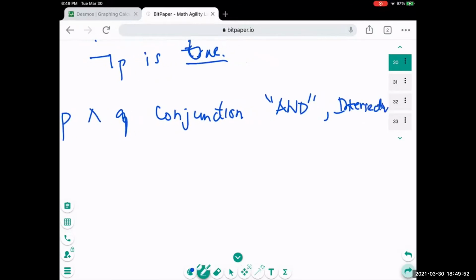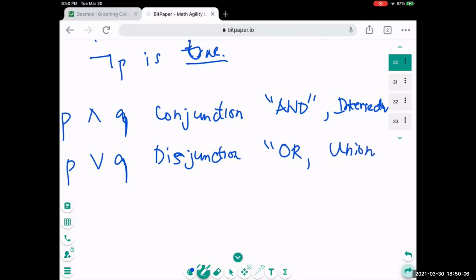And then P disjunction Q is also called or in set theory, or union. And then the negation of P, or not P, is also called not, or negative.